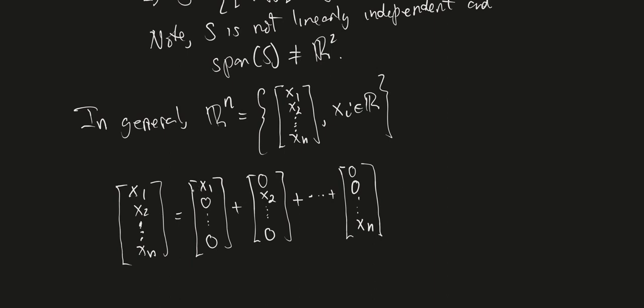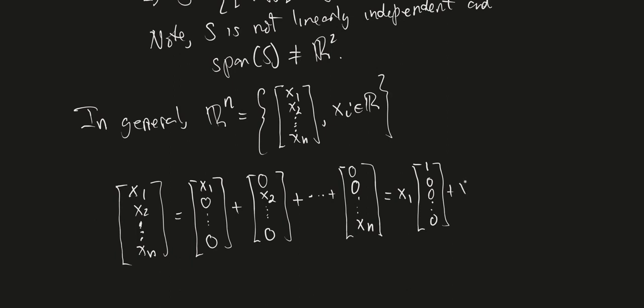So basically, for each component, we keep the non-zero entry in a single column, and all the other entries are 0. So then, when I factor out each of the xi's, like starting with x1, I would have a 1 in the first position and then 0 elsewhere.